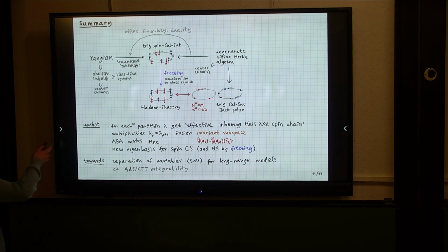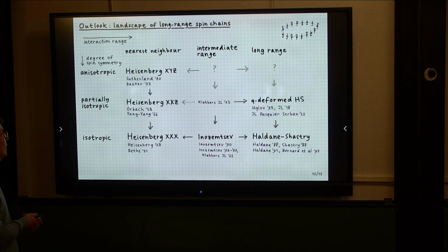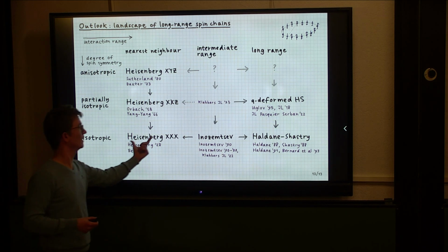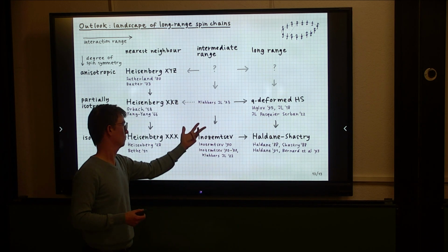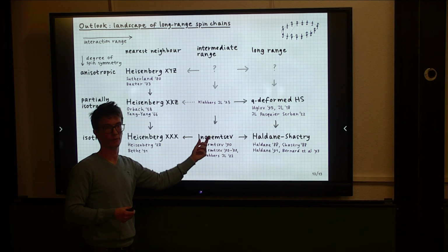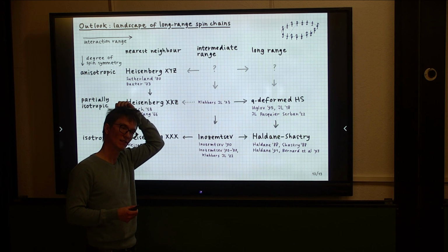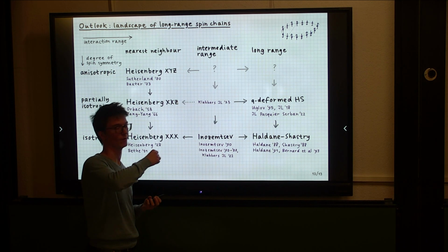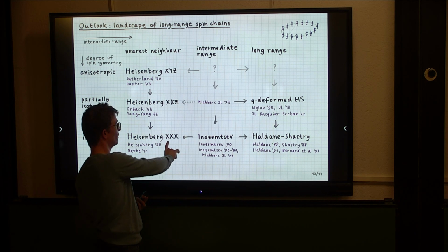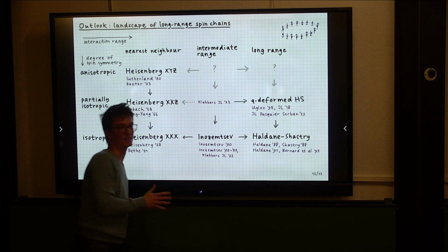But let me zoom out a little bit and put this in the context of my more broad research interest. I've told you about the Heisenberg spin chain and the Haldane-Shastry spin chain. And in the previous talk, we already heard that there's some model called the Inozemtsev spin chain. It's still of the form that I showed at the start, this pairwise isotropic model, but now it has a potential which interpolates from nearest neighbor to this 1 over distance squared.